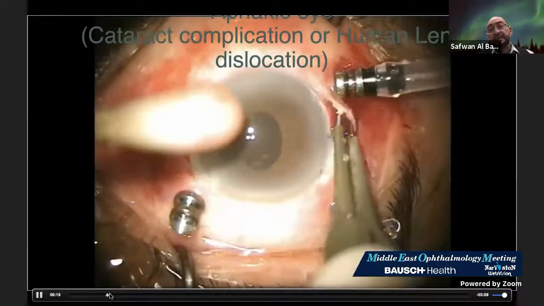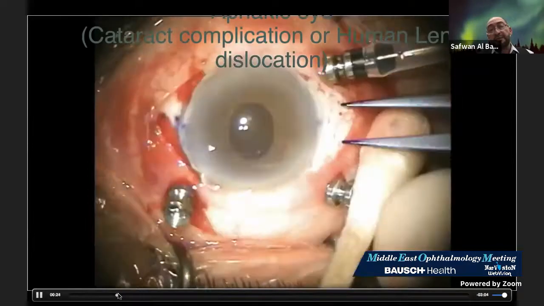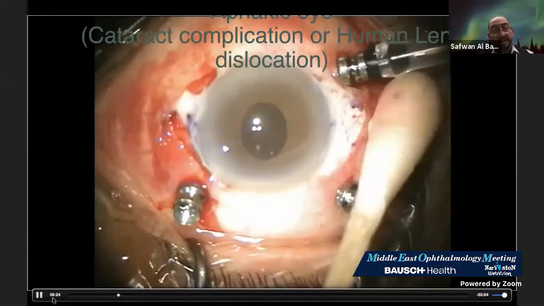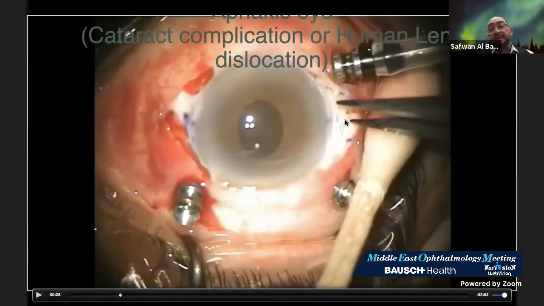And then the landmark for the sclerotomy will be 2 millimeters from the limbus. This point is 2 millimeters. I think that all of us are seeing my arrows: 2 millimeters from the limbus and 3 millimeters apart.